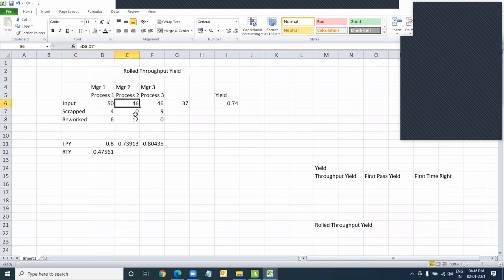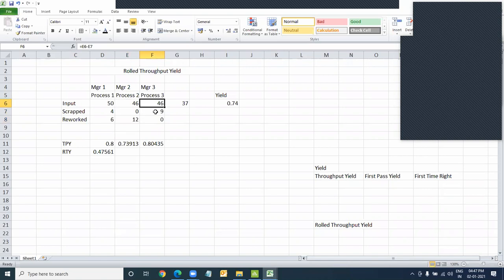Now this manager gets an input of 46 only. In his case, there were 12 issues in the product in the second stage, but he was able to fix and rework all those 12 issues, and he did not lose anything. All 46 moved to the next stage, lost nothing.